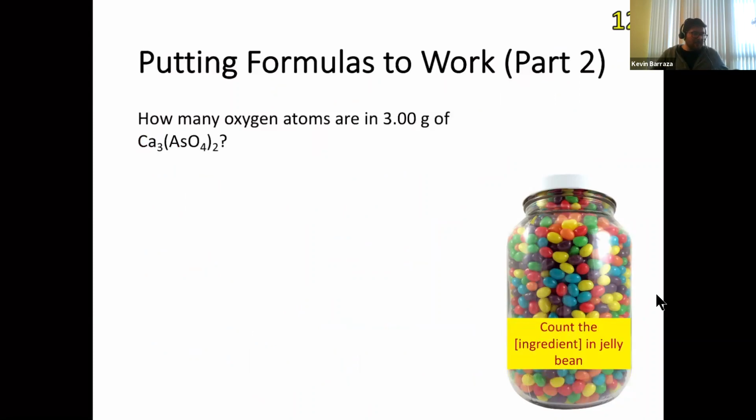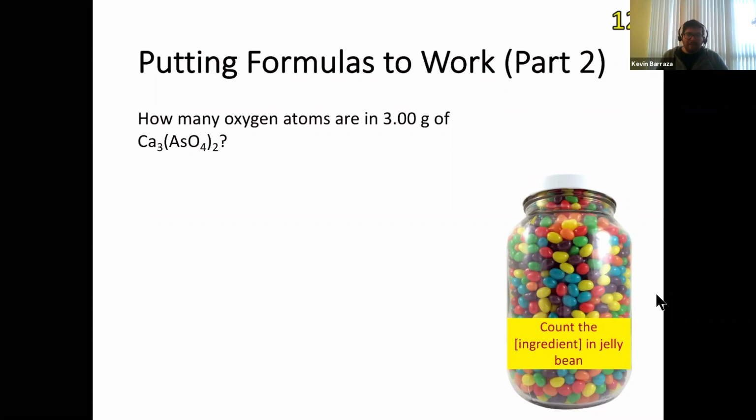Okay, a second example. How many oxygen atoms are in 3.00 grams of Ca3(AsO4)2?